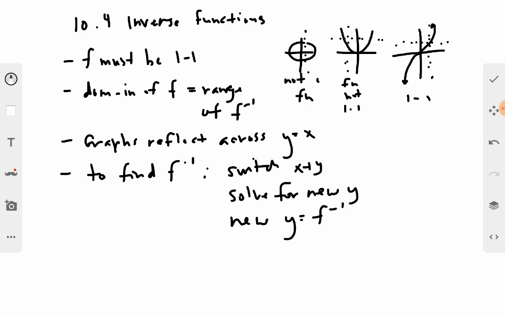Okay, so we switch the x's and y's, that goes back up to here where the domain and range have to switch. So we switch the x's and y's, we solve for the new y, and the new y is our f inverse. Okay, so there's some basic inverse rules before we move into the trig functions.